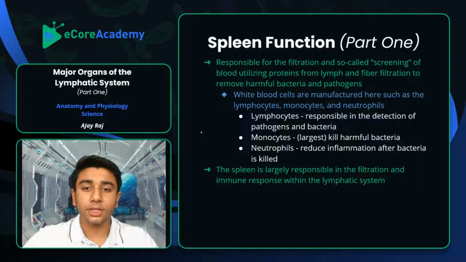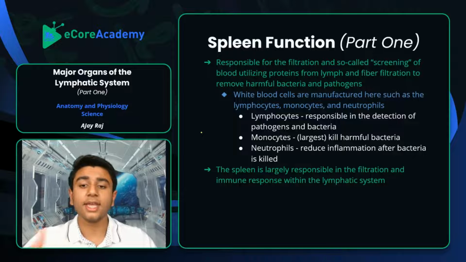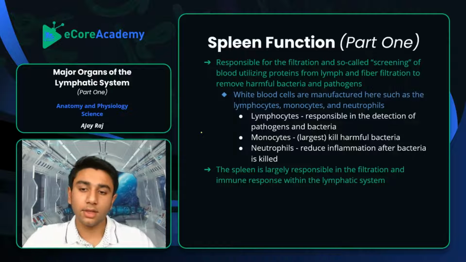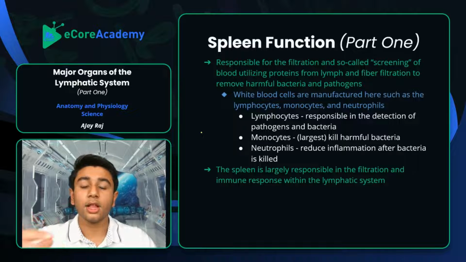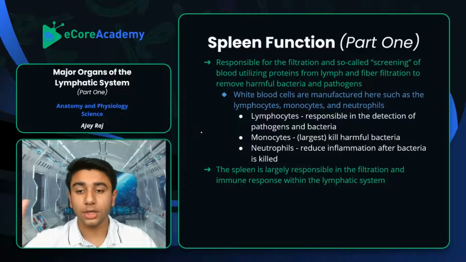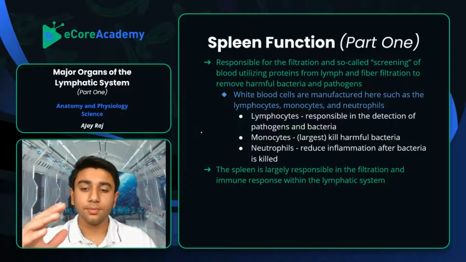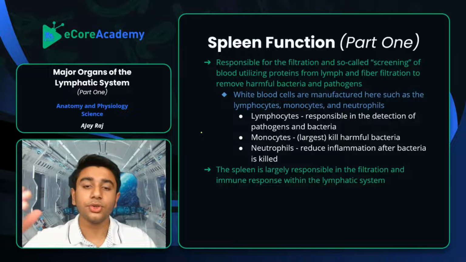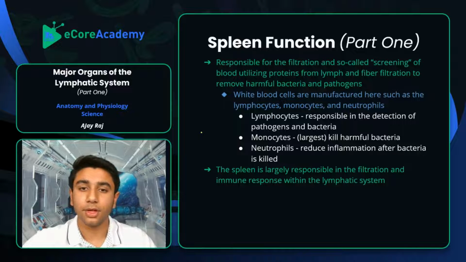Essentially, you take lymph and the proteins within lymph and use them to clean and clear your blood of any harmful bacteria and pathogens, and then that's later flushed out. So the spleen is not only filtering your blood, but it's also utilizing that lymph to filter the blood as well.